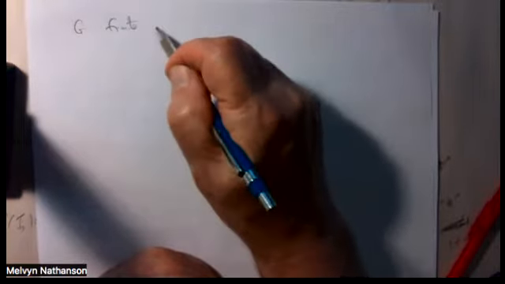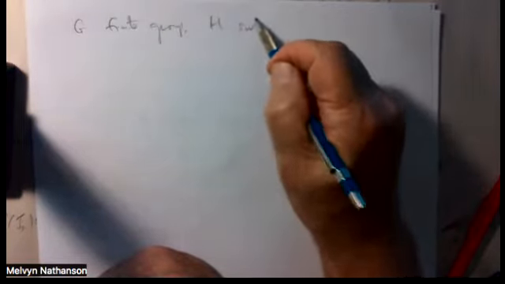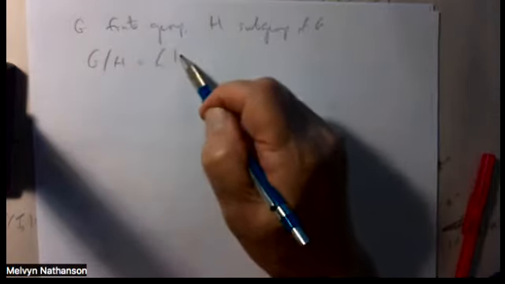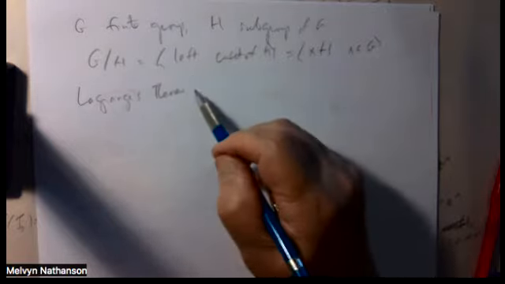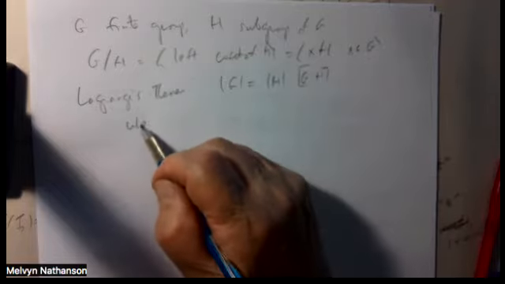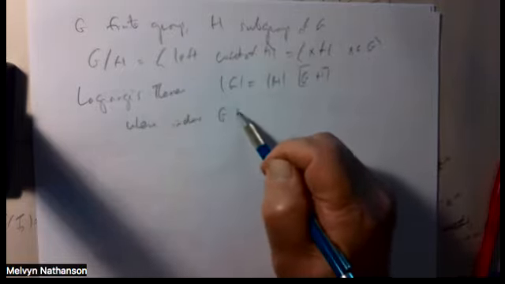So we have G, a finite group, H, a subgroup of G. G mod H is the set of left cosets of H. So this is everything in the form x times H as x goes through the set G. And Lagrange's theorem says that the order of the group is equal to the order of the subgroup times the index of H in G, where this index just means the number of left cosets.